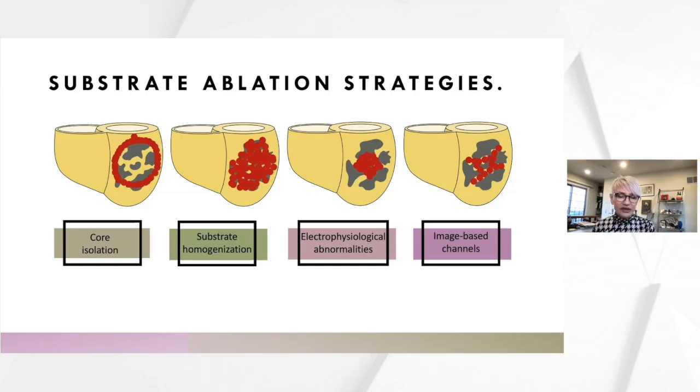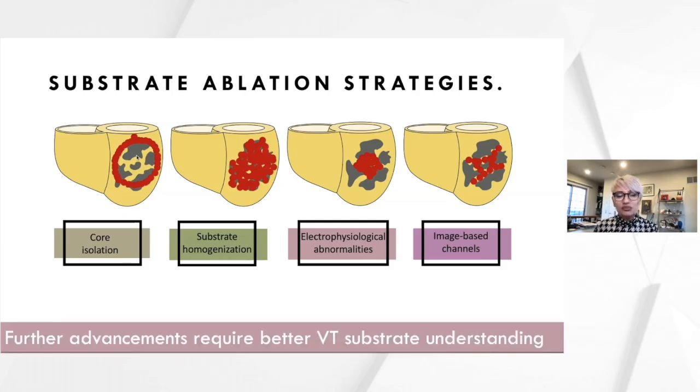Despite this wide use, there is a need for further improvement in VT ablation, but that improvement would require further advancements in our understanding of the VT substrate, which we are hoping to provide.